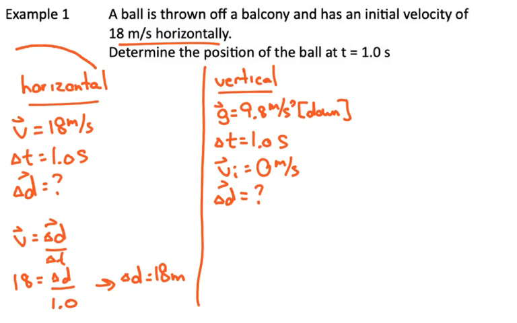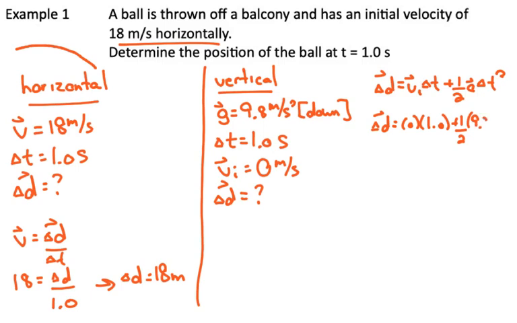Looking at these variables and looking at the list of equations, there's one equation that pops out that is the best. Delta D equals VI delta T plus 1/2 A delta T squared. Substituting in, and I apologize for the squishiness of that, but I was just out of space.